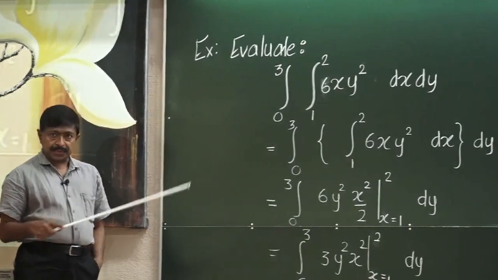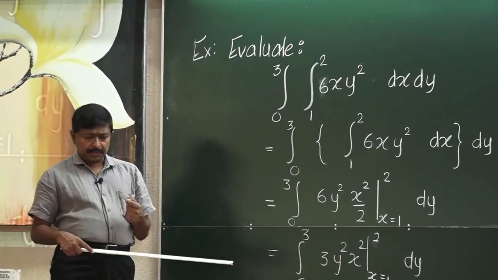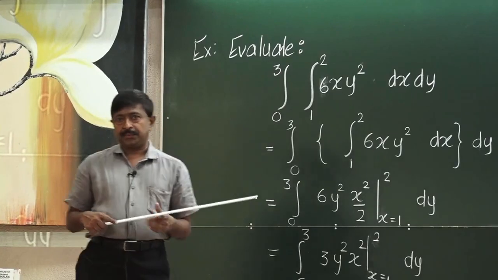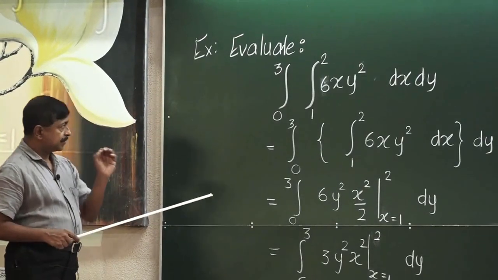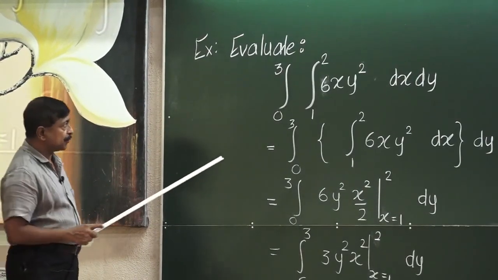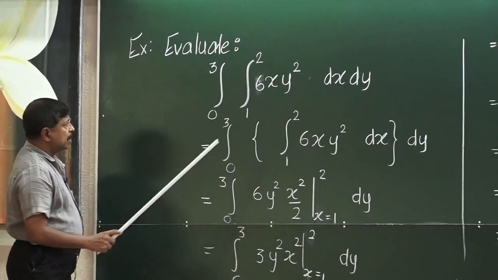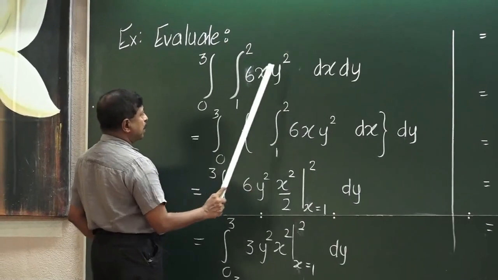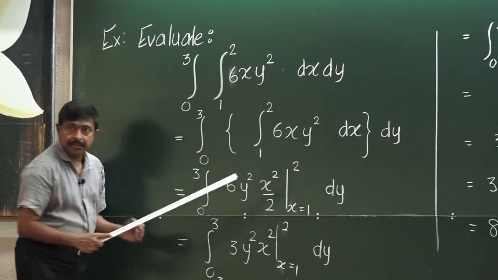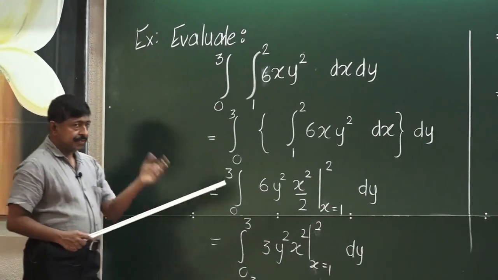Here the evaluation process is very similar to the opposite of the partial derivatives, exactly the opposite, because here you have two variables. First you bracket this, so that the process is easier.